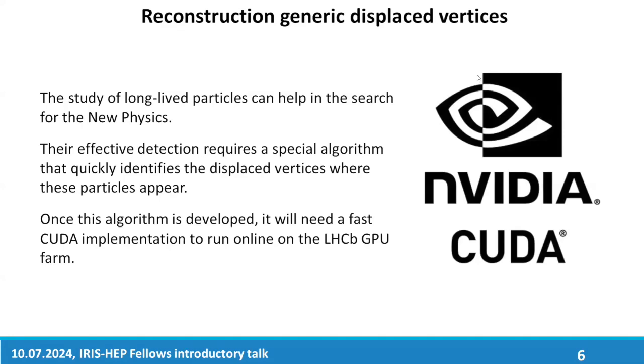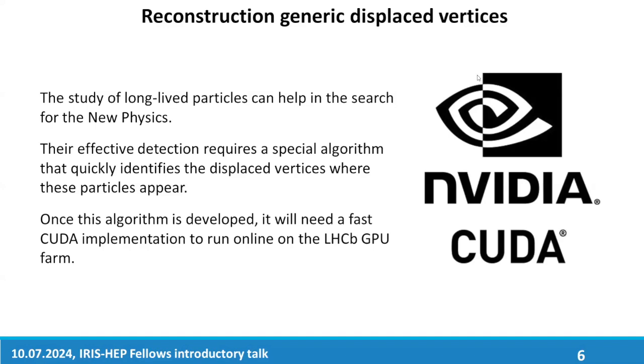The second part of the project is devoted to reconstruction of generic displaced vertices. If we are talking about beyond-standard-model physics, many models possess the existence of new long-lived particles that could help explain some new information about mysteries in physics, such as, for example, dark matter.